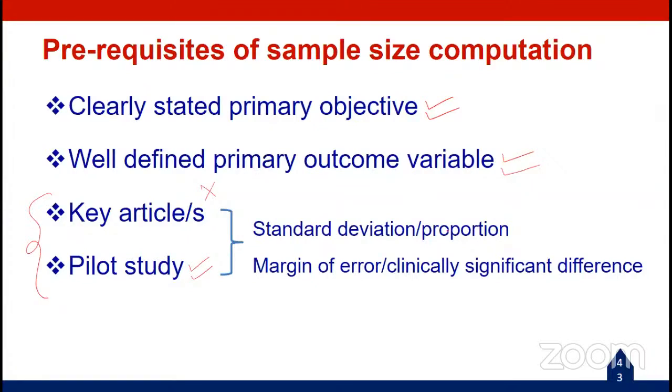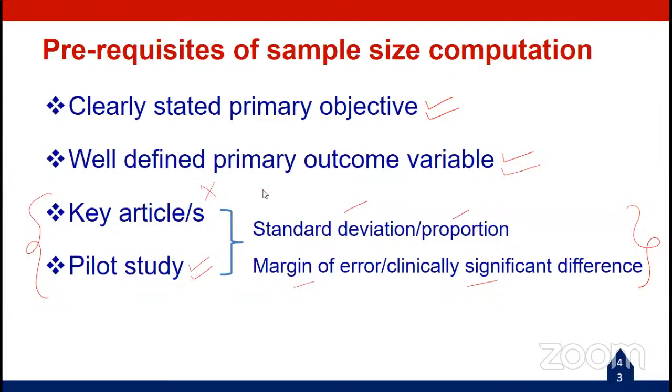That is, inputs are standard deviation, or anticipated proportion, and margin of error or clinically significant difference. So I will tell you more on this, how these are required for sample size computation, in the upcoming slides. But you need to understand that sample size computation is a collaborative activity. It is a collaboration between the researcher and a statistician.